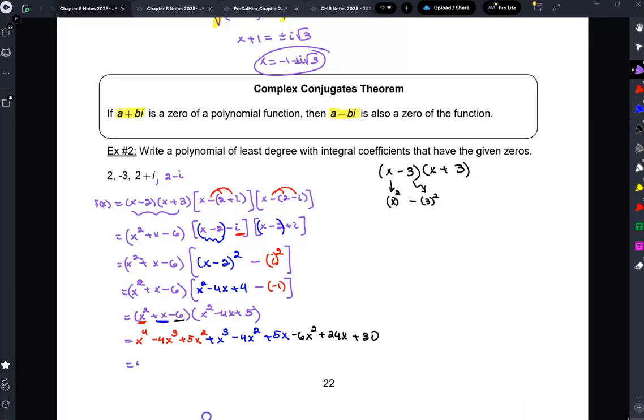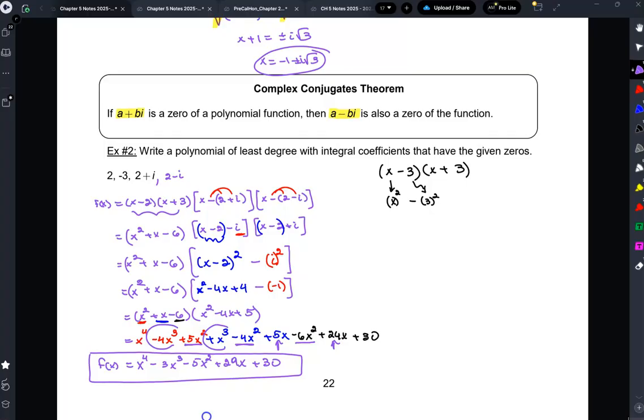So x to the 4 is alone. Minus 4x cubed plus x cubed minus 6x cubed. Okay, where are my x squareds? 5x squared, negative 4 is 1, minus 6, minus 5x squared. And then what do I have? 29x plus 30. That is your f of x.